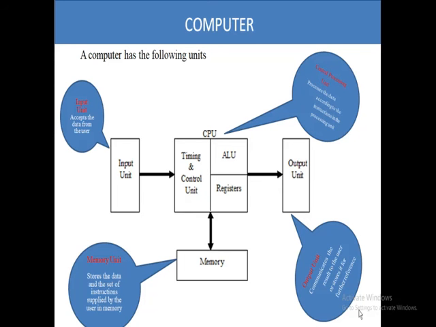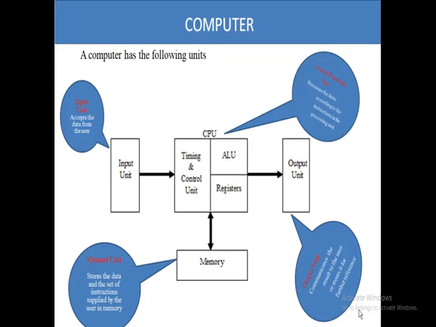After the processing of data is done by the CPU and the process is completed, the result is transferred to the output unit. It communicates the result to the user or stores the result for future reference.